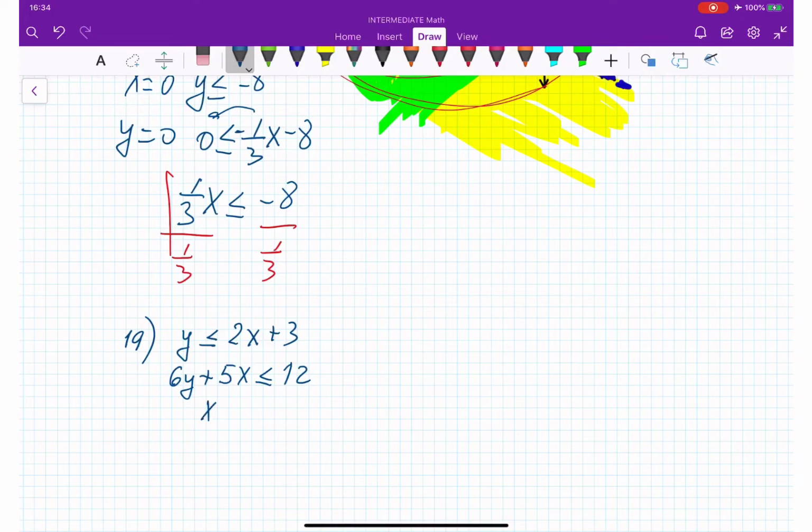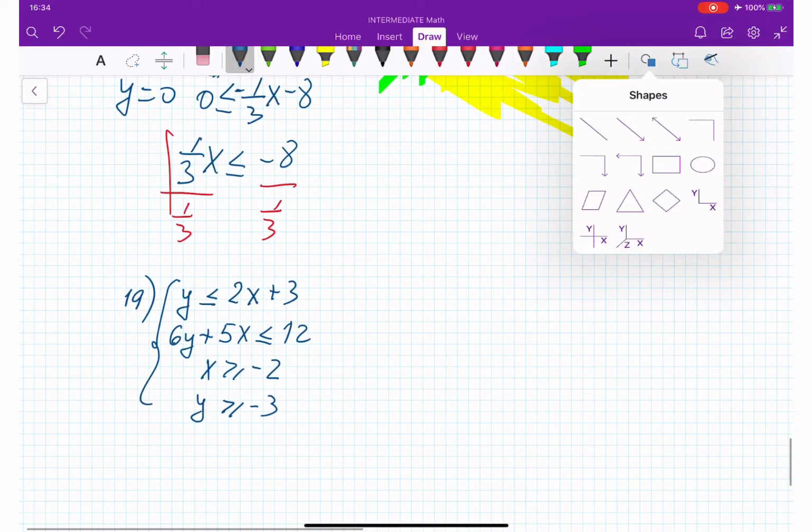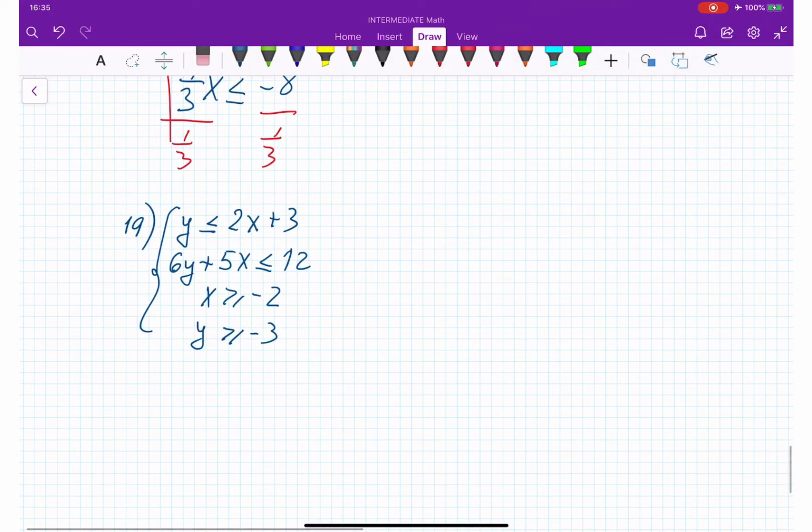Okay, x is greater equal -2 and y is greater equal -3. So let's graph it. Let's see what we are going to get. What is going to be our solution. So first one. The second one.